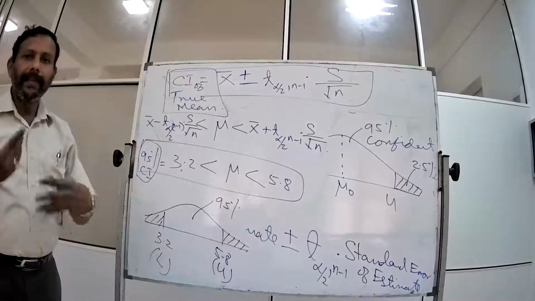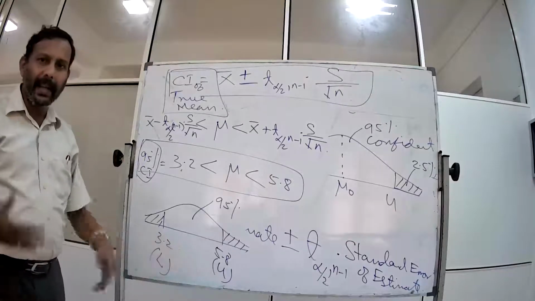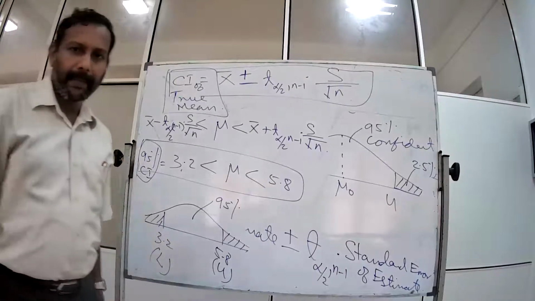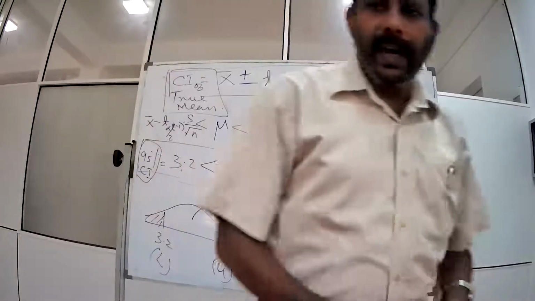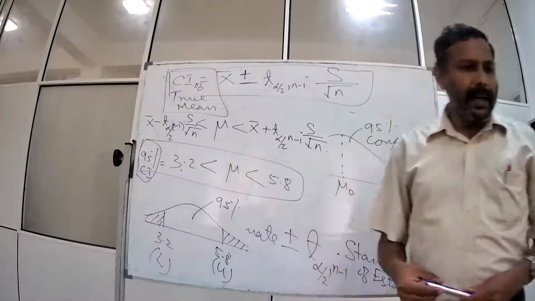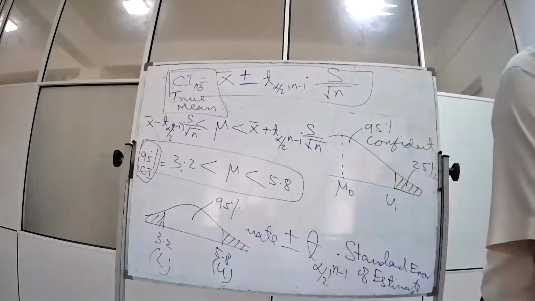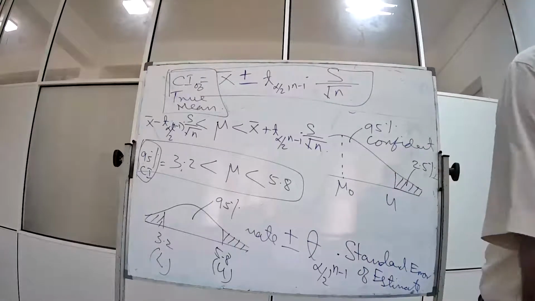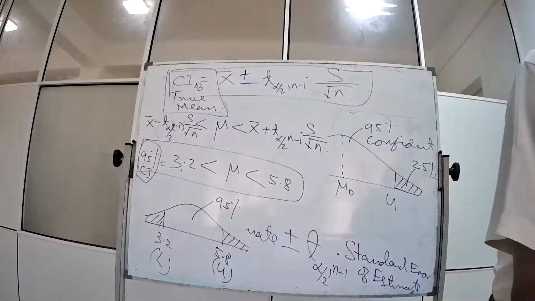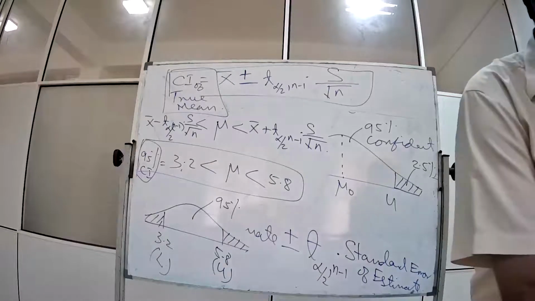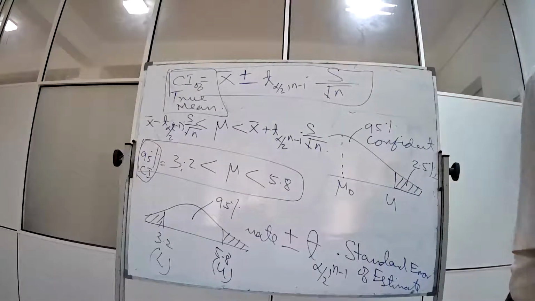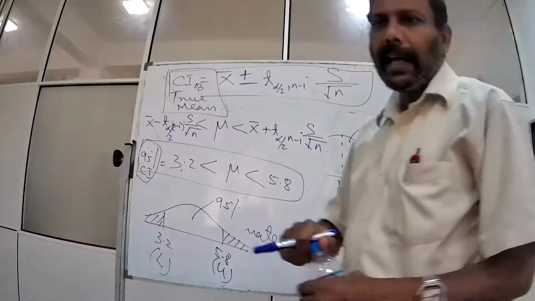So that is how we interpret. We will see this later with an example. So this is how we define the confidence interval. Any questions on what we have said? Now we are going to do a small exercise from last year's exam.